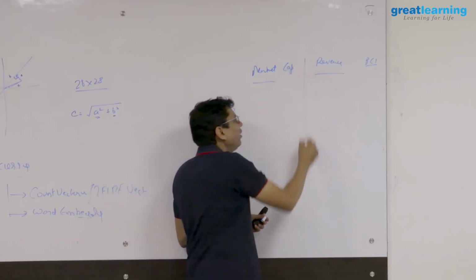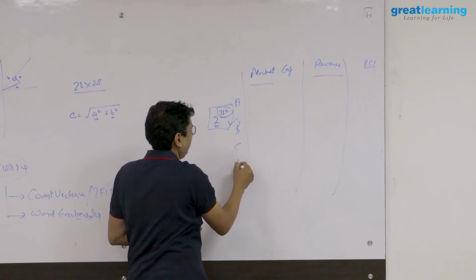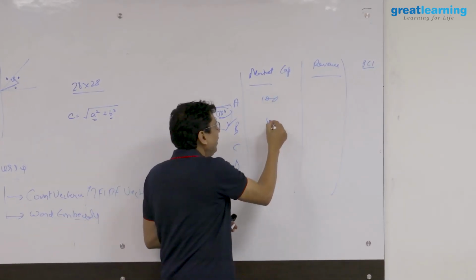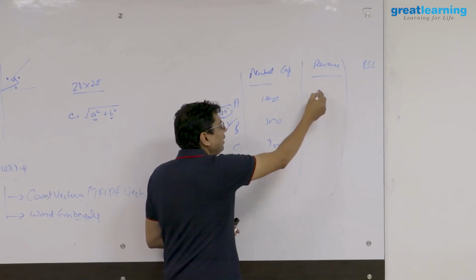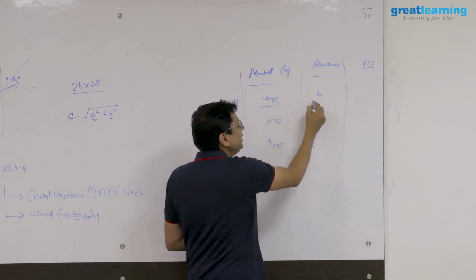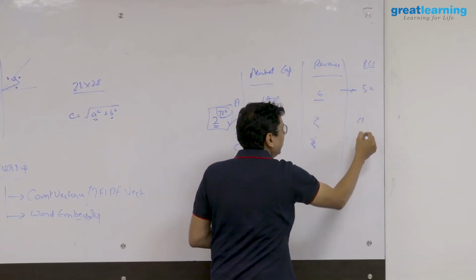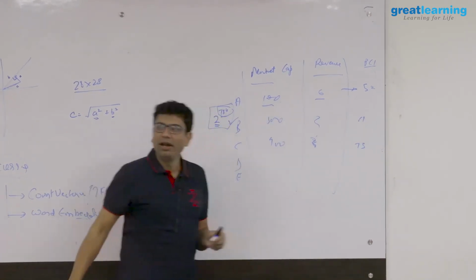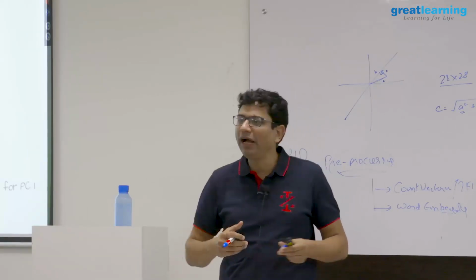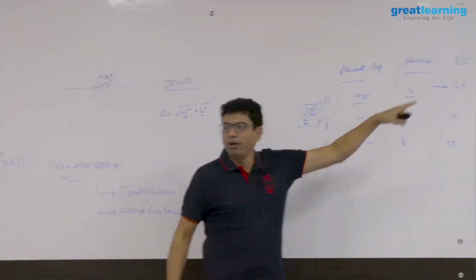For each data point, for example company A, B, C, suppose you had 1,000, 500, 900, and then 6, 5, 3. You're combining these and creating a new value, say 52, 61, 73. Now, what exactly it means is hard to say, but ultimately it's a combination of existing data points.